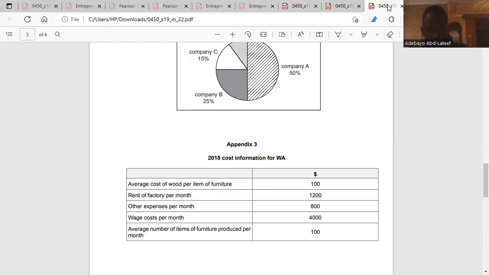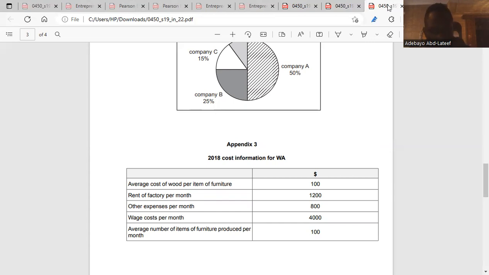Wage cost per month. The wage cost is 4,000. The other expenses per month, 800. Rent is 1,200, fixed.